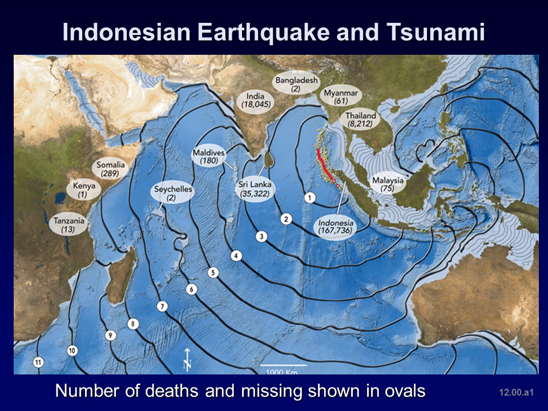The first line out is labeled 1, that's 1 hour out. And then all the way out to the coast of Africa, it gets to 11 hours out. So within 11 hours, it has traveled from the rupture zone all the way to the coast of Africa.